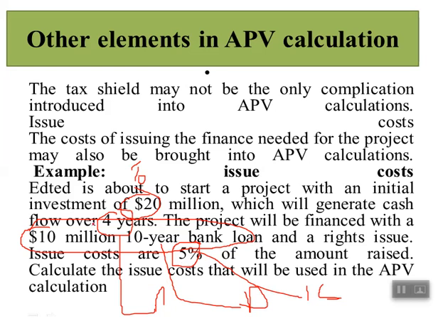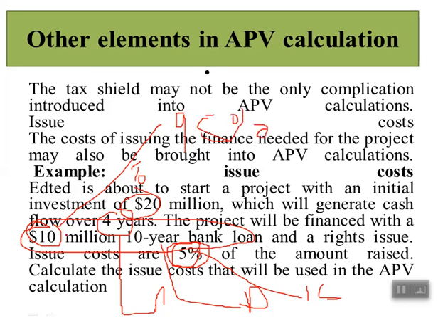So in this case, remember this debt, we have 10 million, and you need 10 million. And on this 10 million, there is an issue cost of 5%. So what will be the issue cost? When we are getting the issue cost, remember this 10 million is going to represent 95%, because there is always an issue cost.